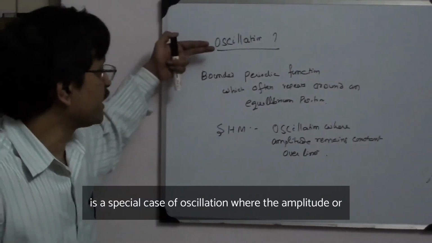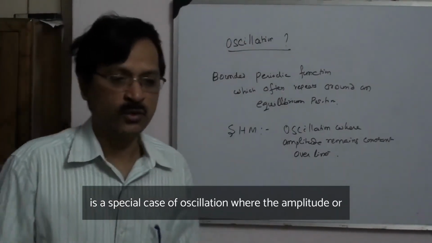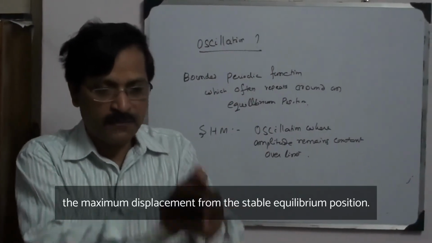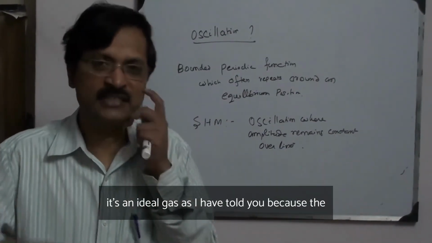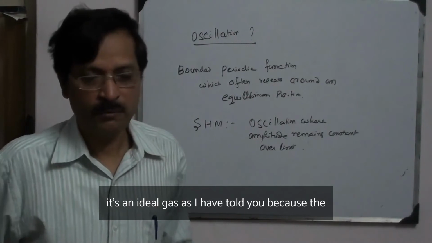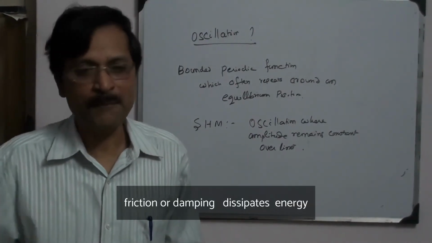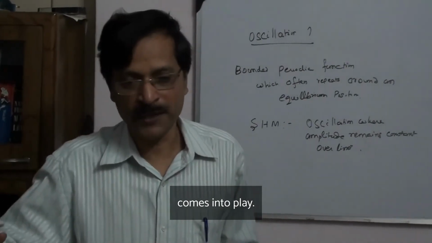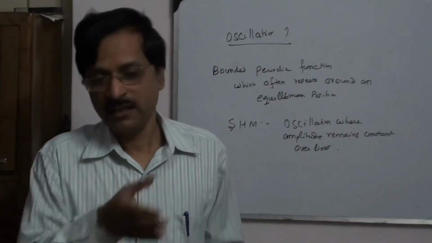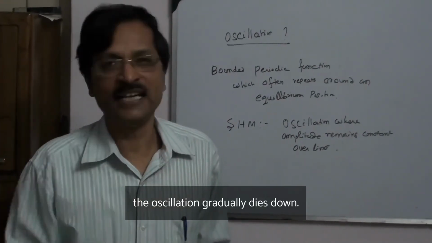SHM is a special case of oscillation where the amplitude, or the maximum displacement from the stable equilibrium position, the mean position, remains the same over time. It's an ideal case, as I have told you, because friction or damping or some dissipative energy comes into play, and as a result of that, the oscillation gradually dies down.